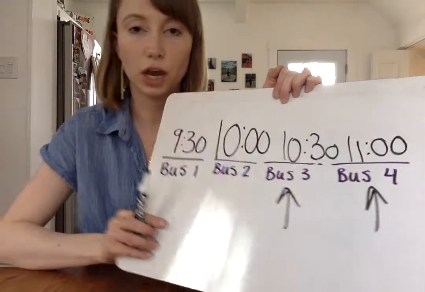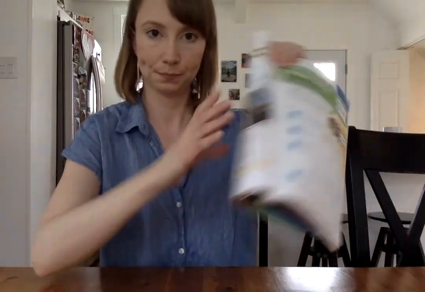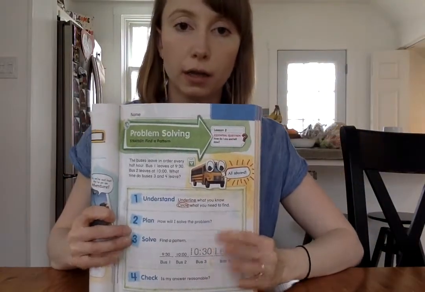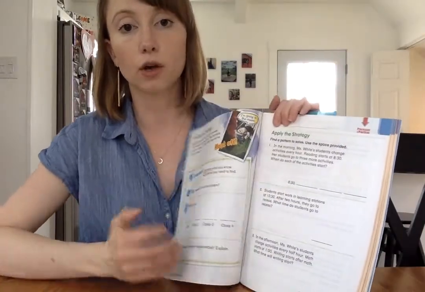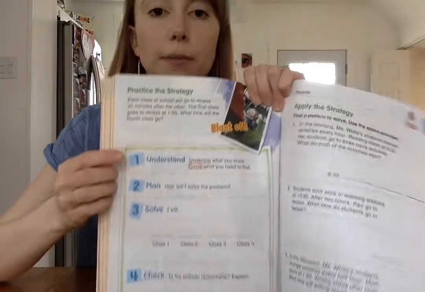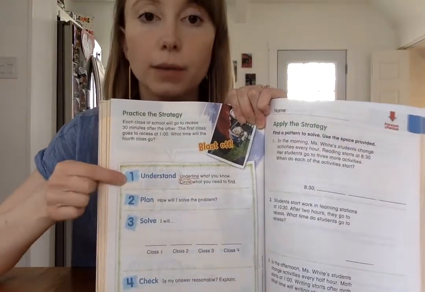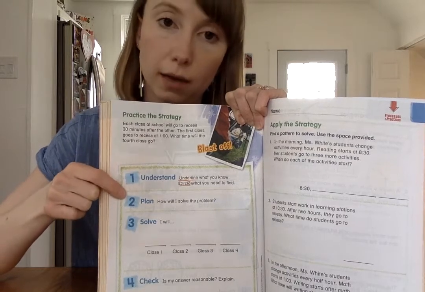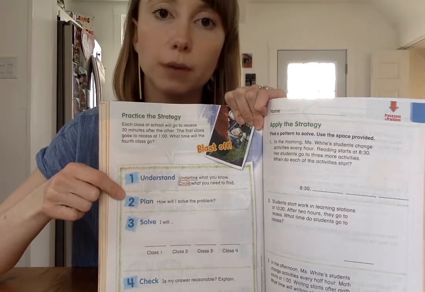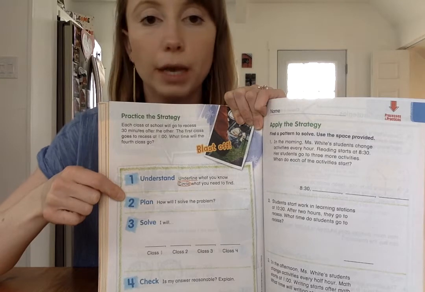All right, nice job. So today in your ebook, we did this together. You're going to have several other word problems to solve. And I want you to remember the steps to understand. That means to underline and circle what's important, to make a plan. How can I solve this problem? Am I going to draw a picture?